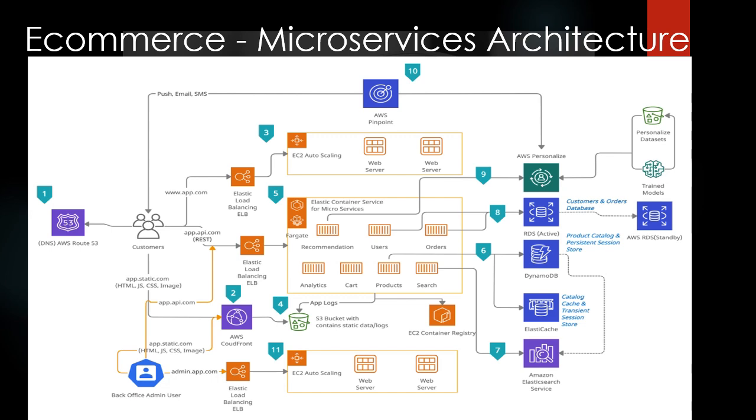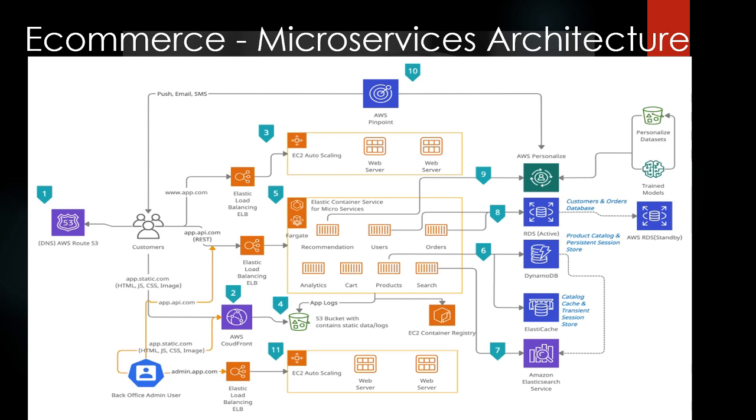So now coming to the app servers. Like I mentioned, in the microservices architecture, we are dividing the functionality into microservices, loosely coupled, highly independent, and catering to a particular functionality which is independent of each other. Say for example, users could be one service which helps you to log in and authenticate. Orders, anything related to placing the order, tracking the order, order status, that could be another microservice.